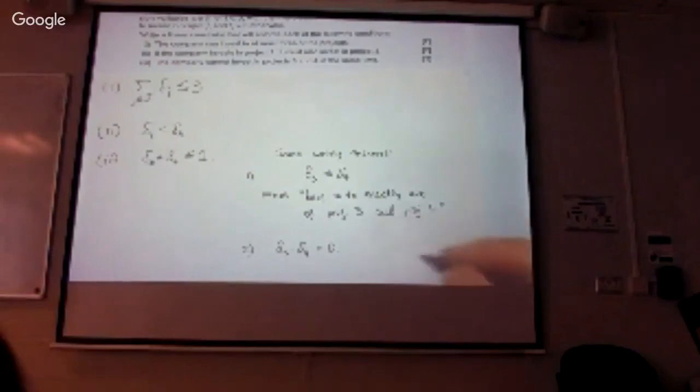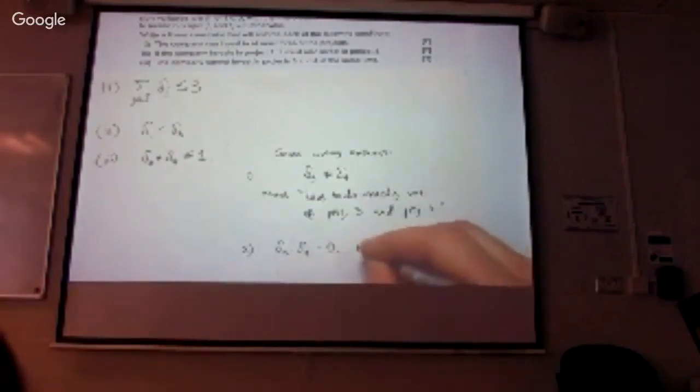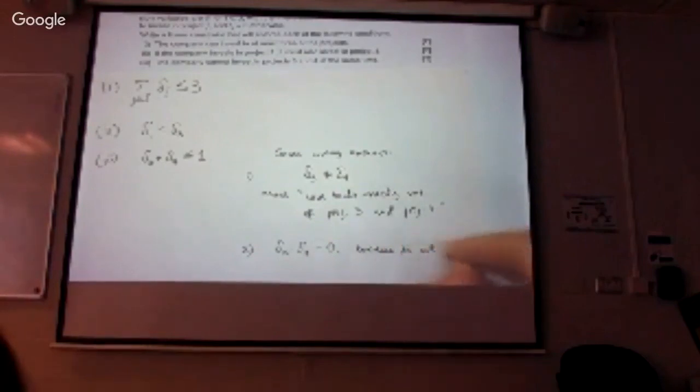So wrong because in linear constraints, you don't have powers of decision variables, and you don't multiply decision variables with one another.